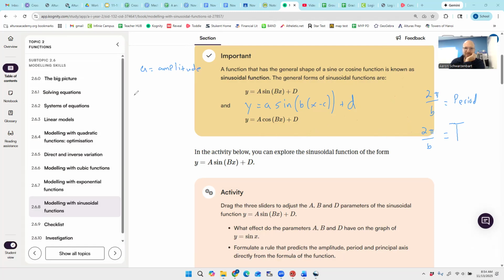Amplitude. T equals 2 pi over B, so T being period. And they're not going to do a lot of phase shifts. D equals principal axis, which we called centerline in pre-calc.